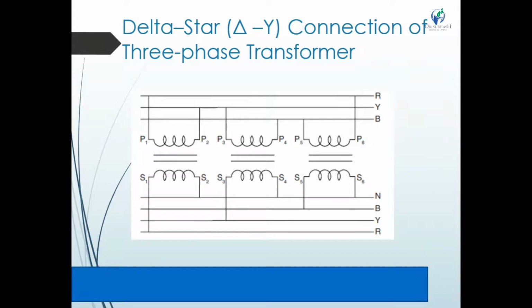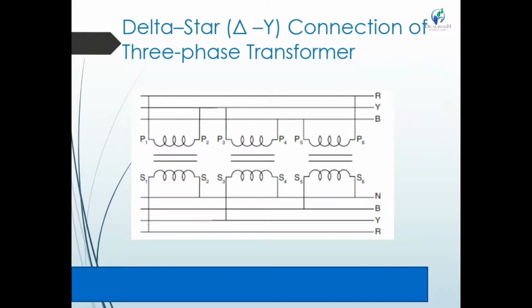This configuration is popular because it can be used for serving 3-phase power equipment as well as single-phase lighting load. The problems of floating neutral and voltage distortion are not present for this configuration due to the delta connection on the primary side.